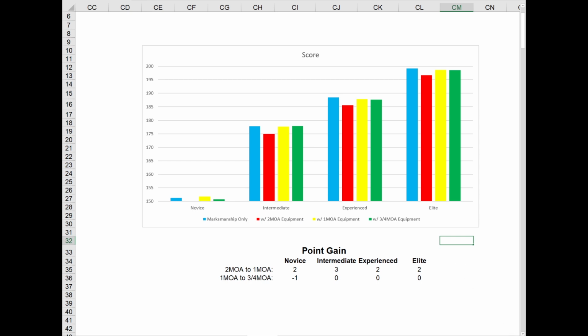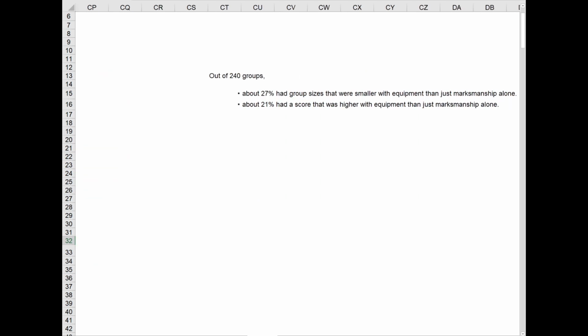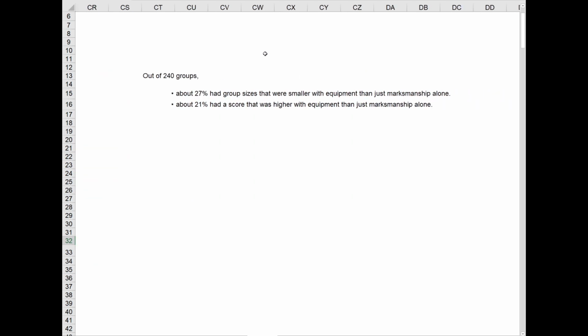But there were a couple other things that I learned as well. Now, I had simulated 240 groups, 240 20-shot groups. And out of those 240 groups, about 27% of them had group sizes that were actually smaller when you add in the equipment than with marksmanship alone.